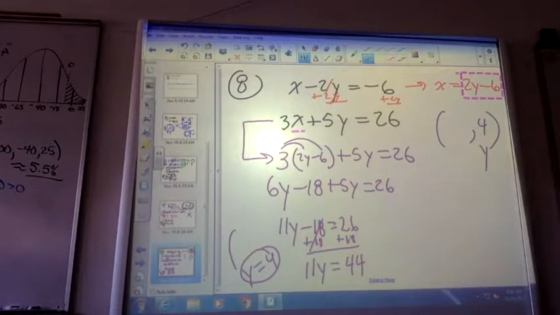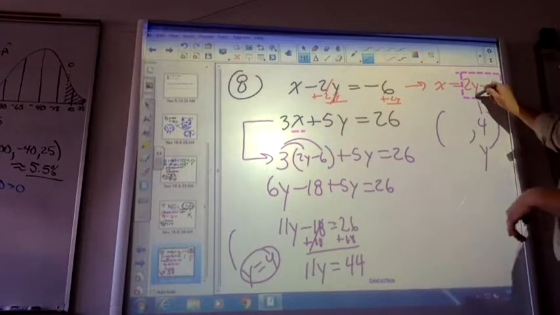What component am I now looking for? I'm looking for x. So are either the two originals or the original modified, being the red, x equals? The original modified one, right? Yeah. So this y value is going to go right there.